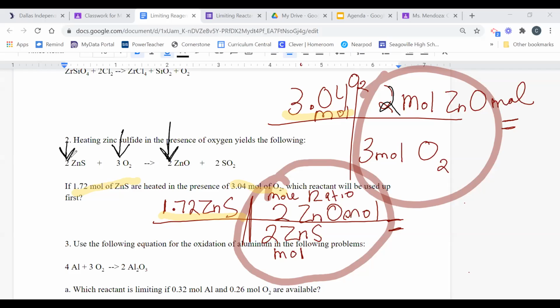And the other side, you got it from the coefficients again. So they're not asking for grams, so you're just gonna do a mole ratio and then figure out which one is limiting. So now you have to multiply and then divide again. Yep.